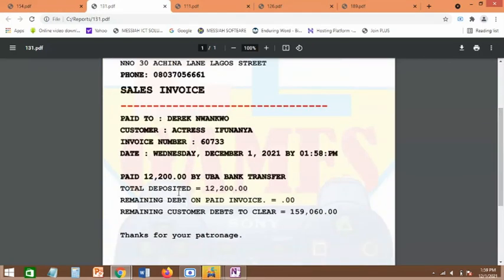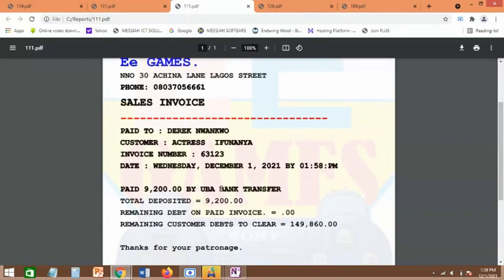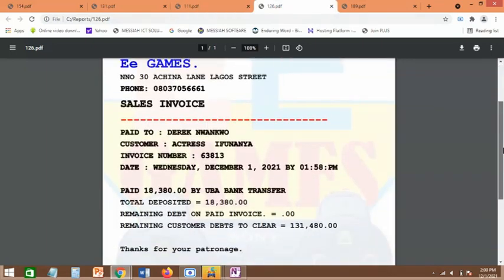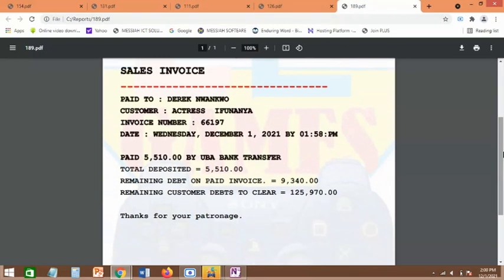So right here you can see total deposit 4,710, and that's the amount she was owing for that particular invoice. So she has cleared this invoice. This one says the remaining amount is 171,000. Okay, that's the second invoice. It clears for 12,200, remaining 159,016 naira.